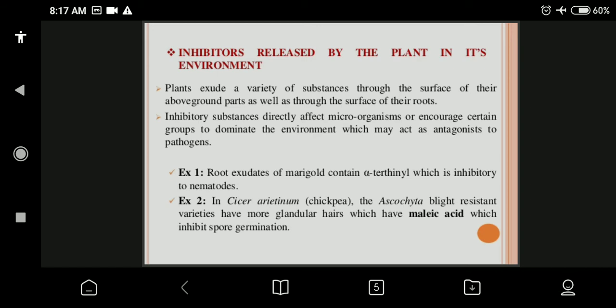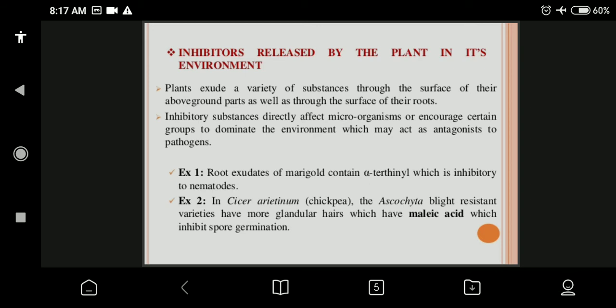For example, root exudates of marigold contain an inhibitory substance which is inhibitory to nematodes. It prevents the plant from nematode infection.